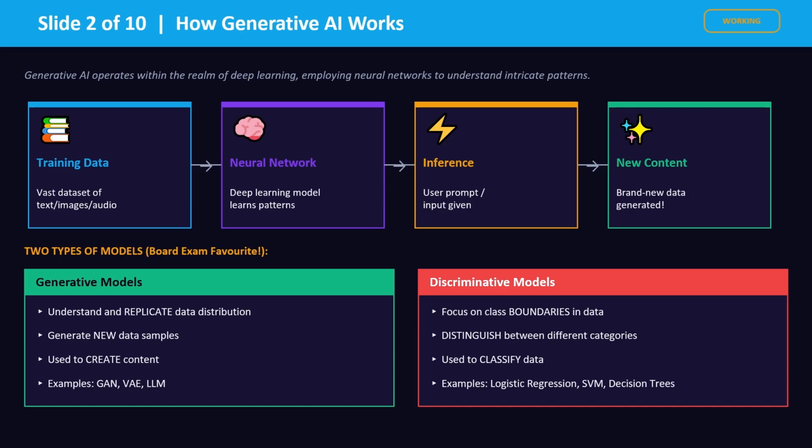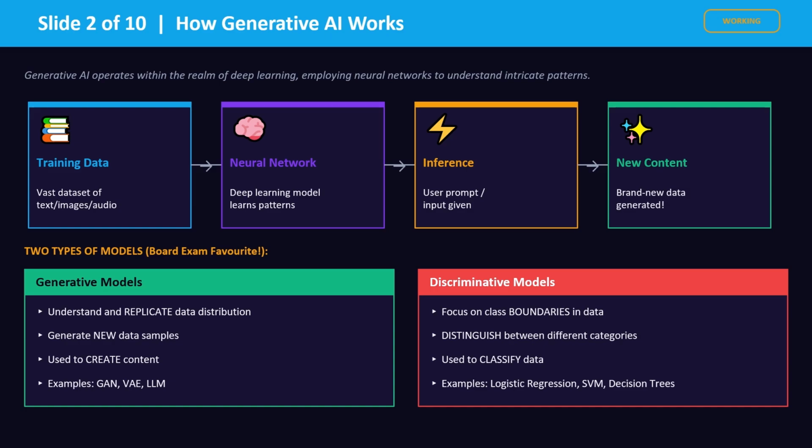Now, here's a very important comparison for your board exam: generative models versus discriminative models. Write this down. Generative models understand and replicate data distribution. They create new data. GANs, VAEs, and LLMs are all examples.